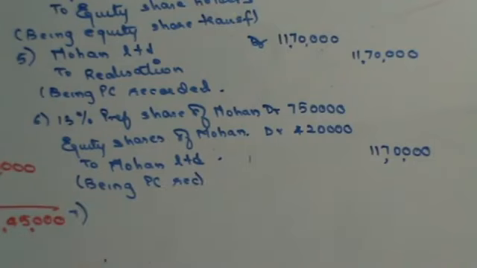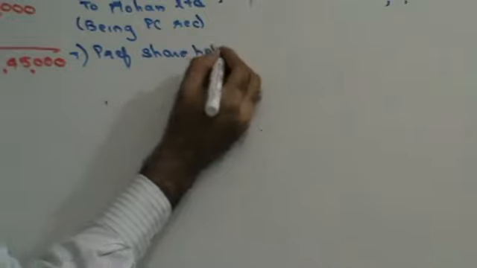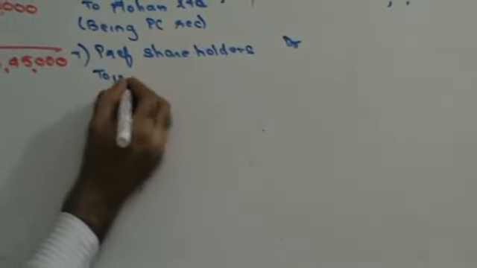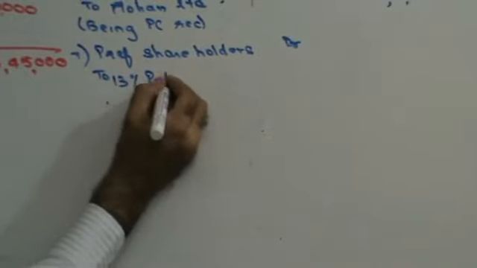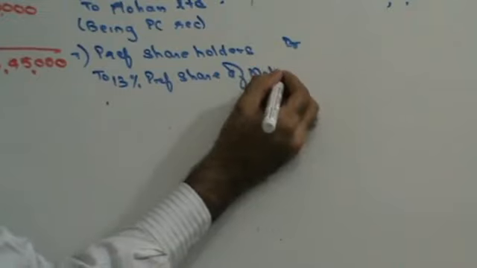Once you receive the PC, the next thing that you need to do is pay the preference shareholders. So pay preference shareholders account debit to, they are going to be paid 13% preference shares of Mohan Limited.